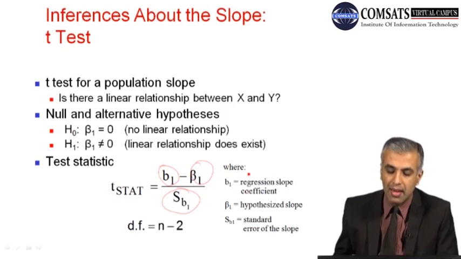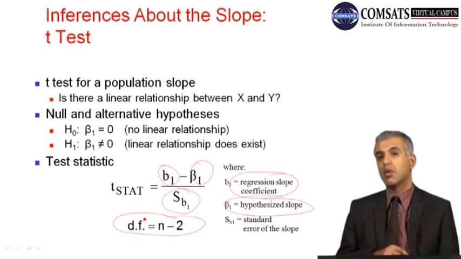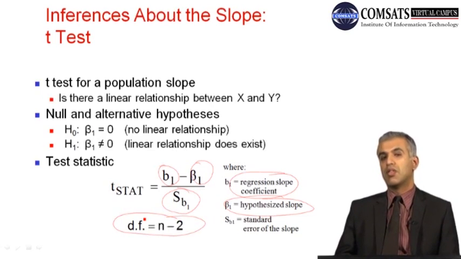Here we have the regression slope coefficient and the hypothesized slope, and then again the standard error. Then there is our degree of freedom, which is n minus 2, and the degree of freedom concept states how many positions you have available for placement of your values.